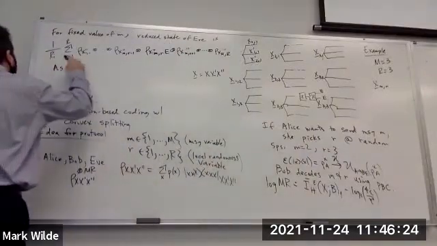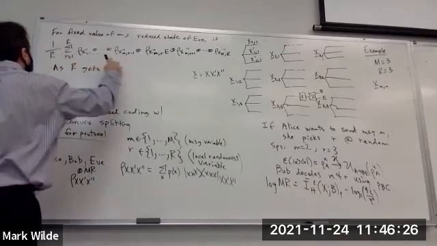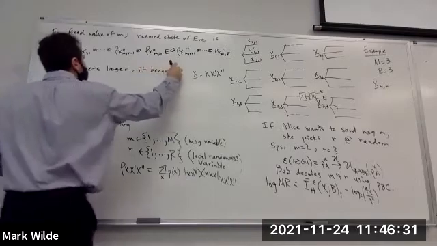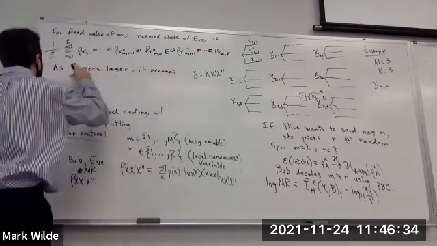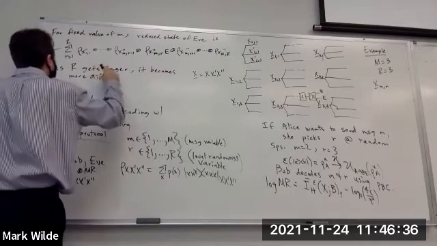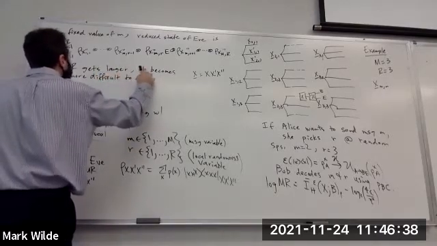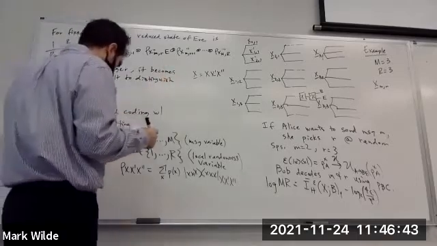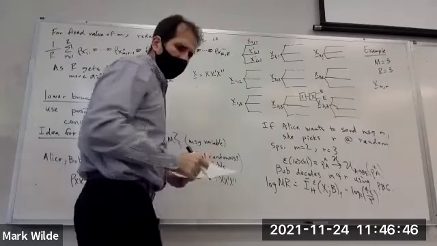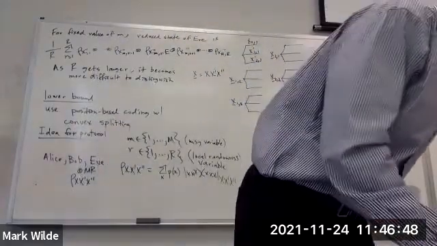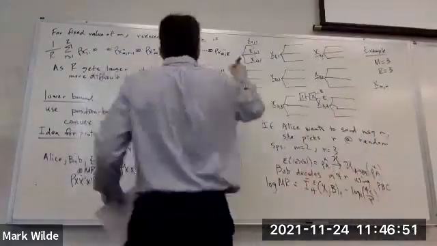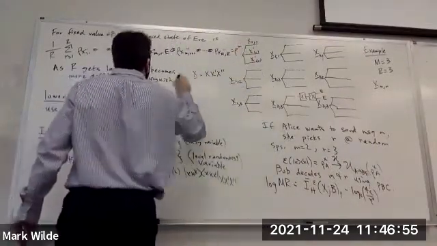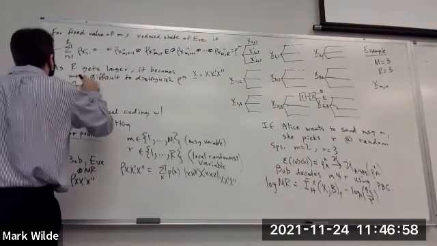And so the claim is that as R gets larger, it becomes more difficult to distinguish this state, give it a name, call it rho M, from a product state.